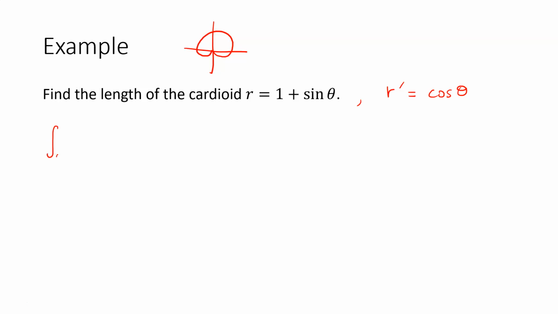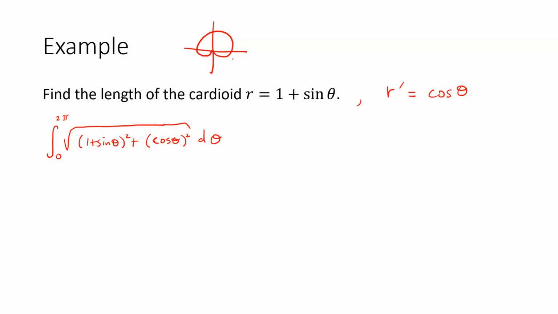So we can integrate from 0 to 2 pi the square root of (1 plus sine theta) squared plus r prime squared. We can set it up this way.